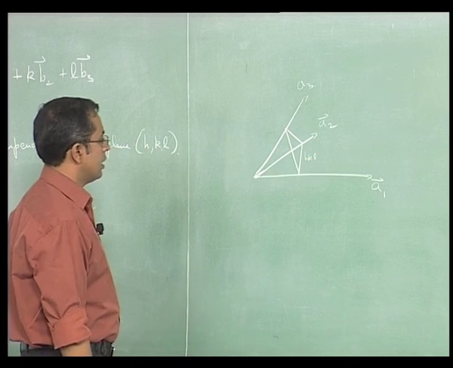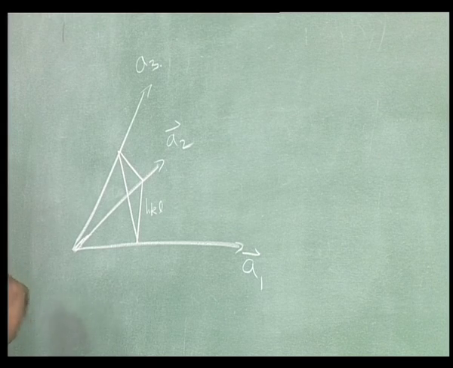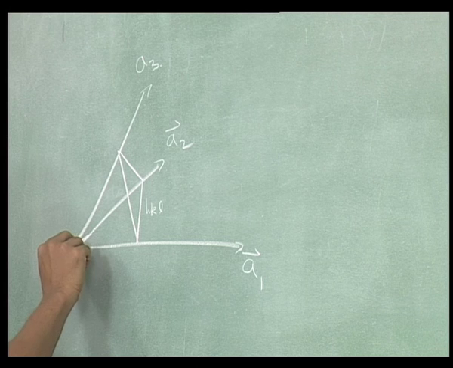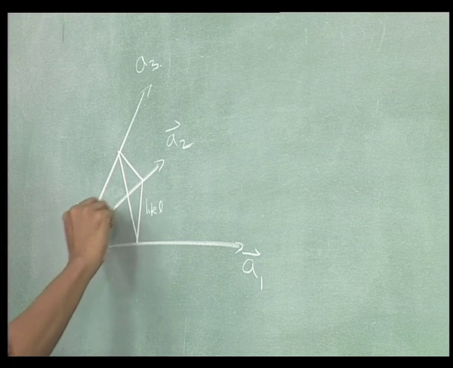Now we will just say that in reciprocal space we have the vector hkl, and at this moment I am just arbitrarily denoting it here.